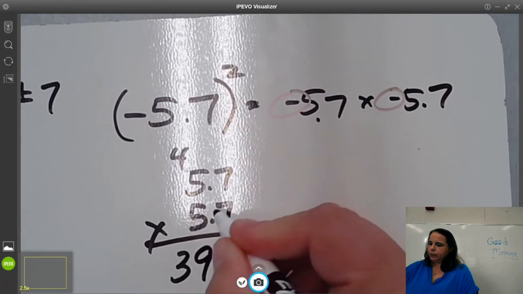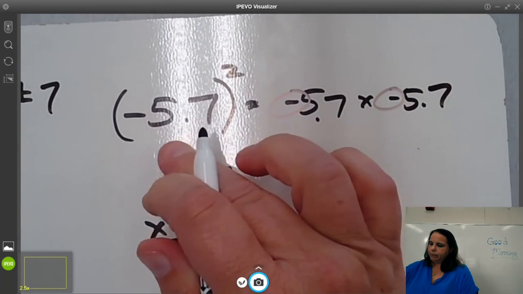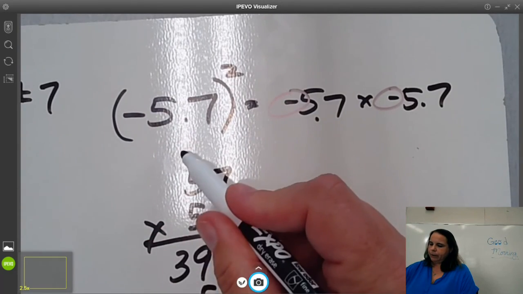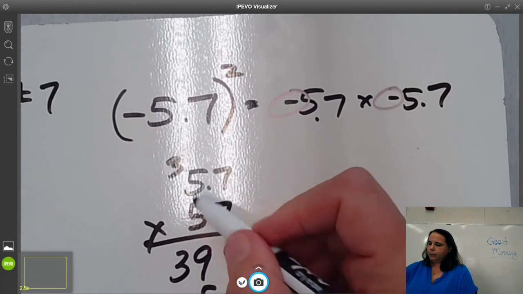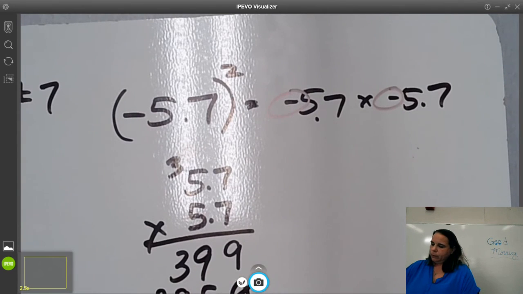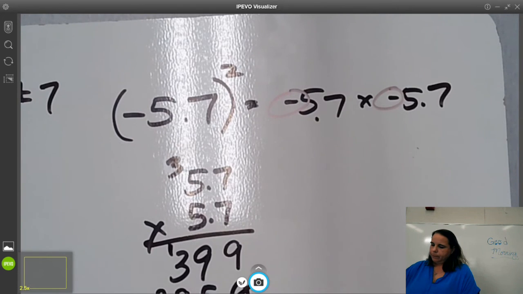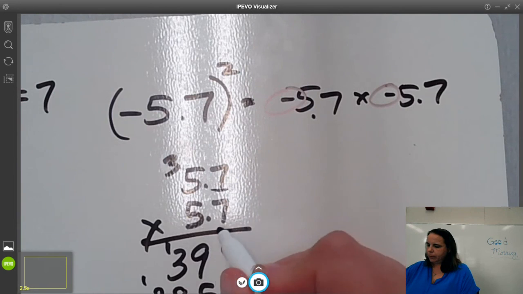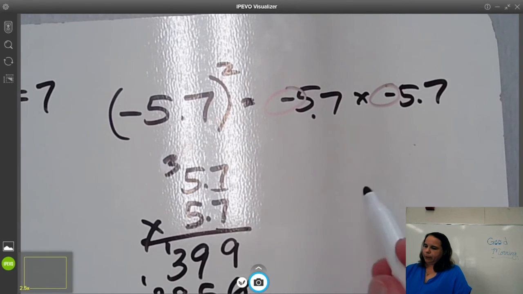Put a placeholder, because now we're going to multiply from the 10 spot, so 5 times 7 is 35, and 5 times 5, let's carry the 3. 5 times 5 is 25, and then the 3 is 28. Again, right now we should be not using calculators. There's 2 decimal places, so we're going to move that decimal 2 times, and so our answer is 32.49.